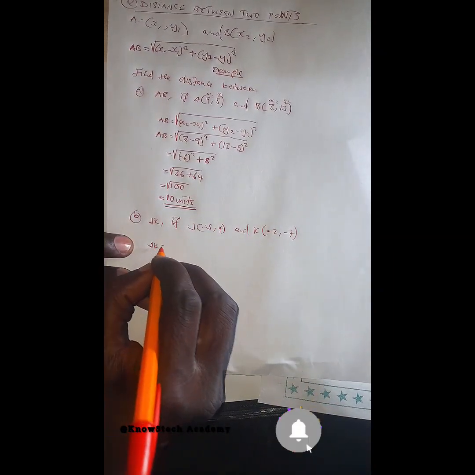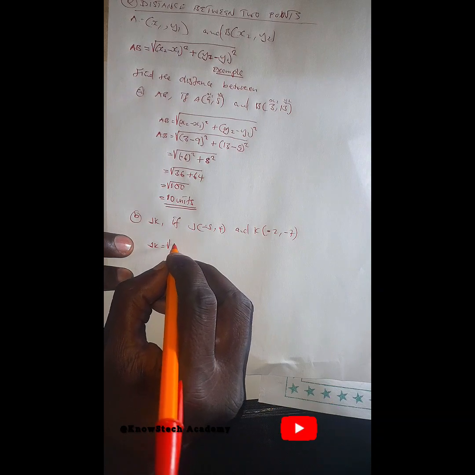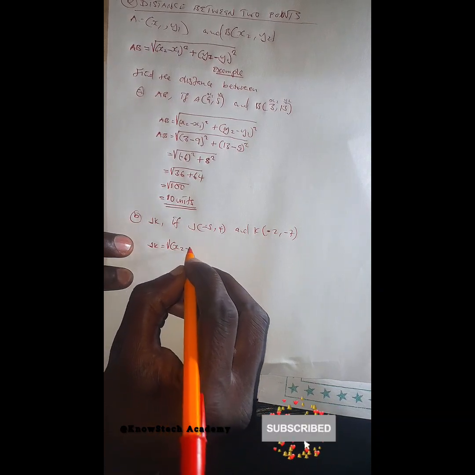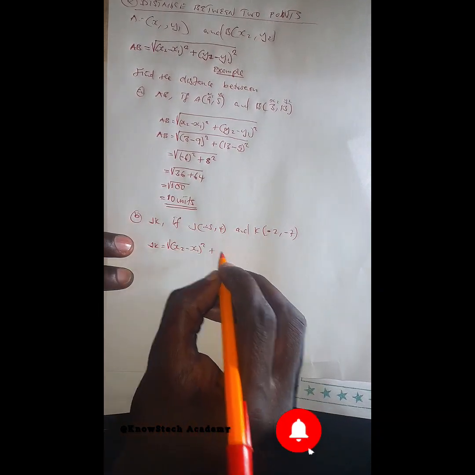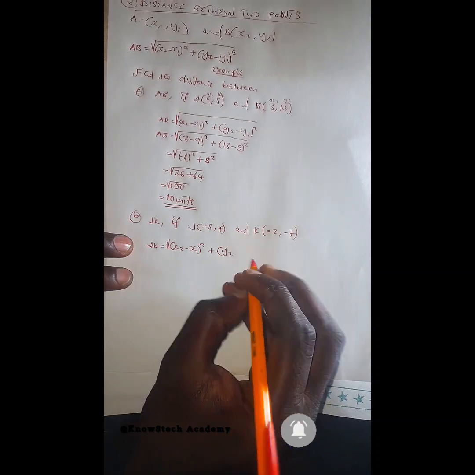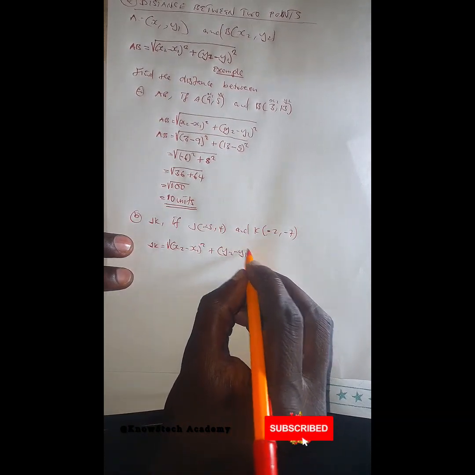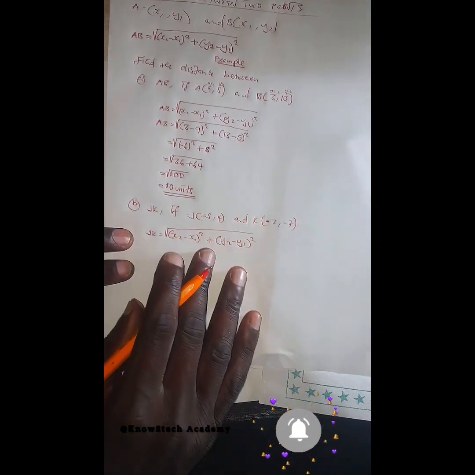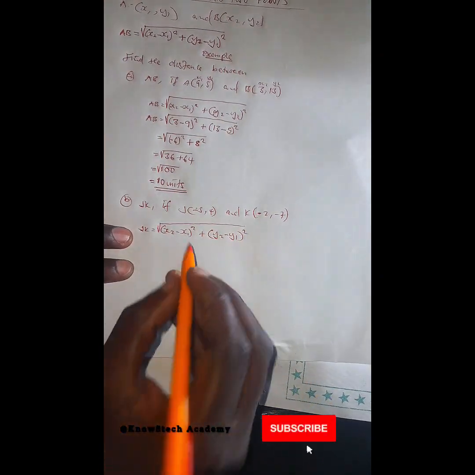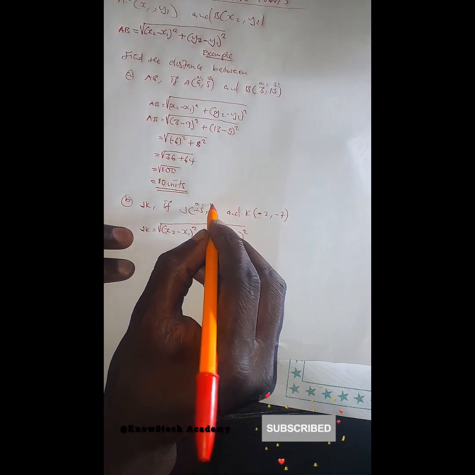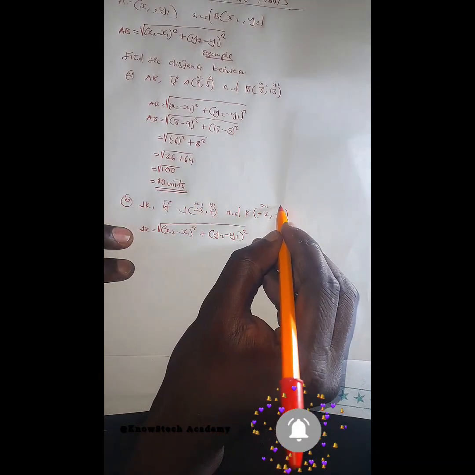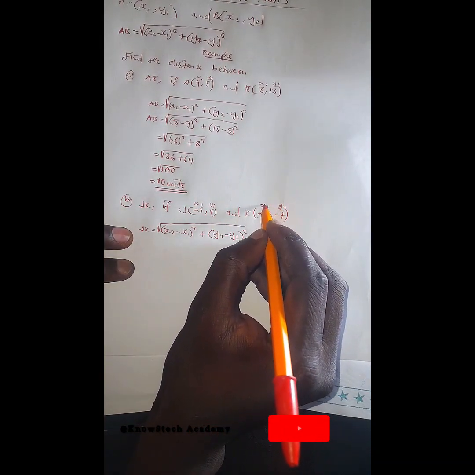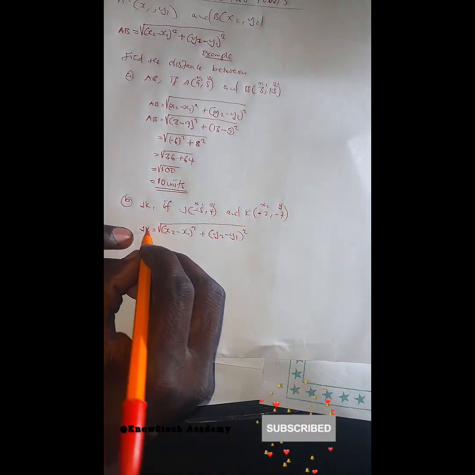To find JK will be the square root of (x2 minus x1) squared plus (y2 minus y1) squared. Make sure you write this is x1, y1, x2, y2, so that you don't forget.